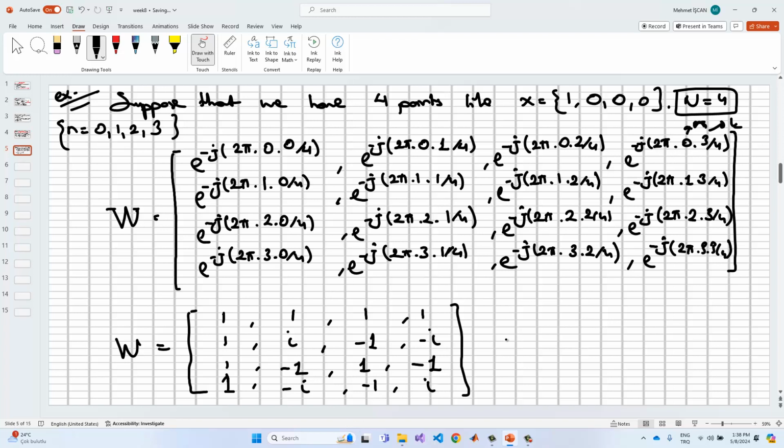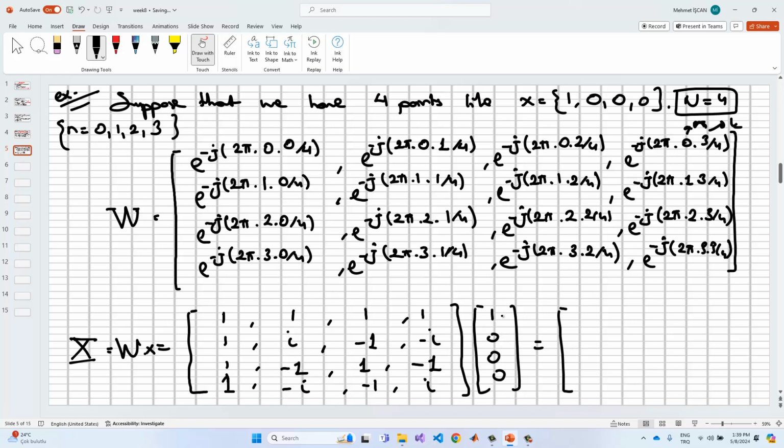And so, what is the result of the multiplication of these two matrices? We have the x this time in here, and this is the representation, x, and so if you multiply these values with this one, what do we have?